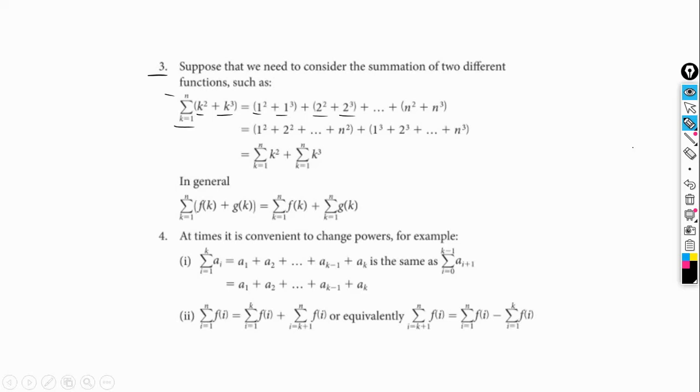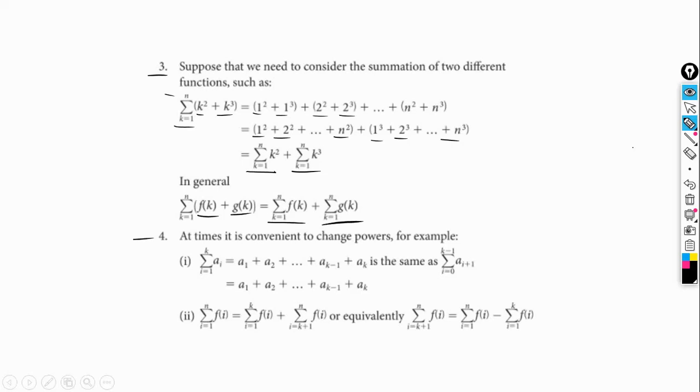But we could rearrange this as 1 squared plus 2 squared all the way to n squared, plus 1 cubed plus 2 cubed all the way to n cubed. So in other words, we can split these functions into two different sigma notations. Notice that we would have a sum of k squared from 1 to n, and then a sum of k cubed from 1 to n. So in general, if we have the sum of functions, we can just separate them into two different sums.